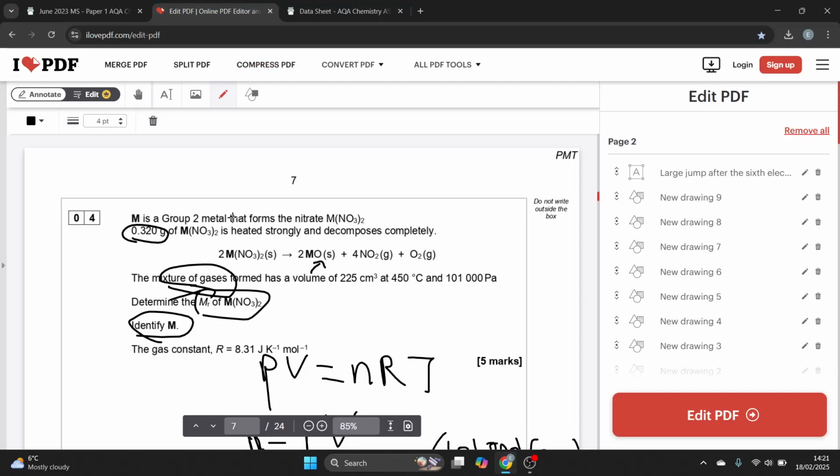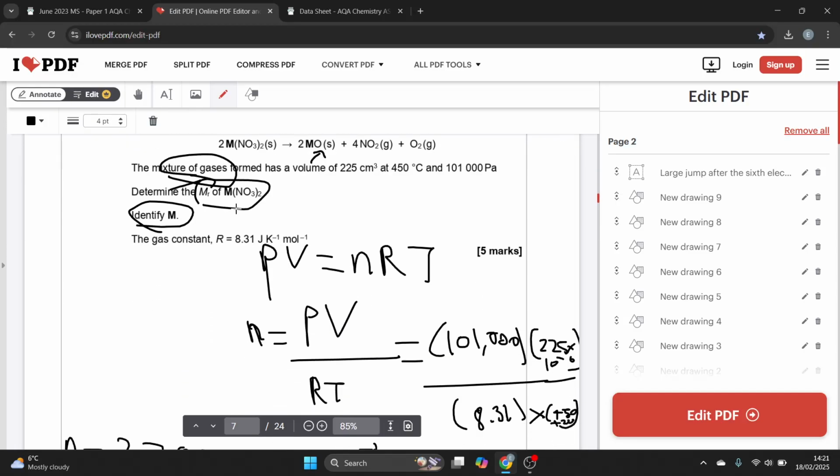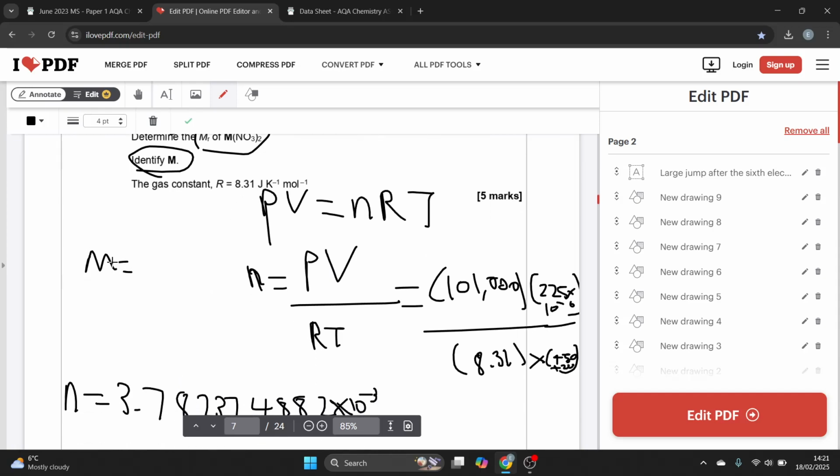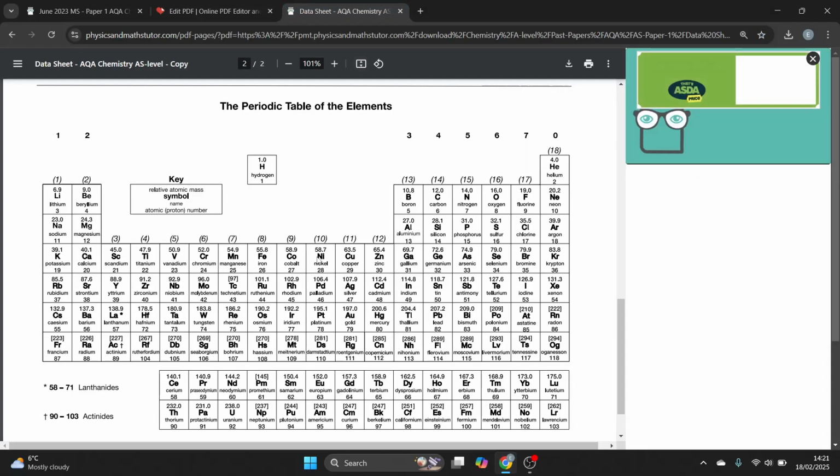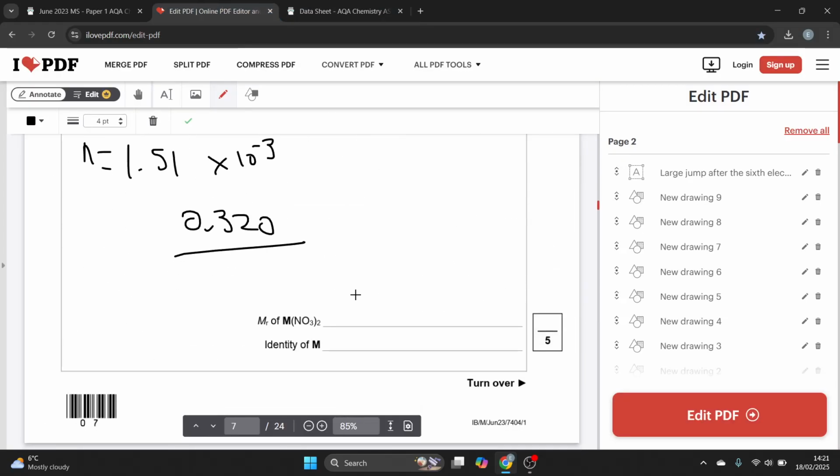Minus 14 plus 14 plus 16 plus 16 plus 16 plus 16 plus 16 plus 16 plus 16 plus 16. Then I get the MR as 88. So MR is 88. And then I just look for the element with the MR of 88, which is radium. Ra.